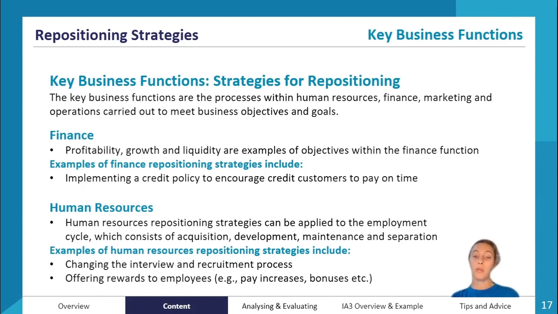So some human resources repositioning strategies could be changing the interview and recruitment process. So maybe there are ways that that can be streamlined or improved in some way. I know in recent years we've had companies like Woolworths using artificial intelligence to do the recruitment process now.